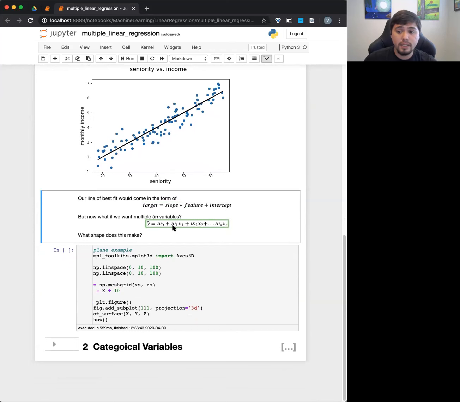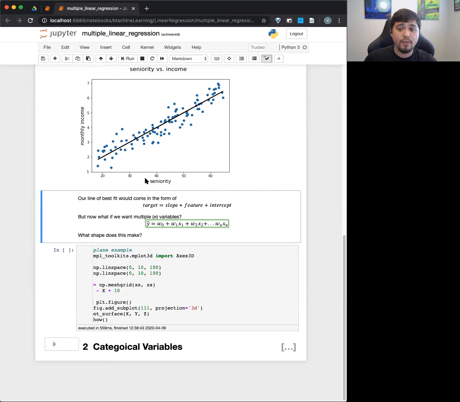Typically you'll see people write this out as different variables like W0; here's how I wrote it. The reason I put W is because later on we'll talk about weights and stuff like this. We can imagine different coefficients, plus another coefficient times a new feature, plus another coefficient times a new feature. You can almost imagine seniority as the number of years.